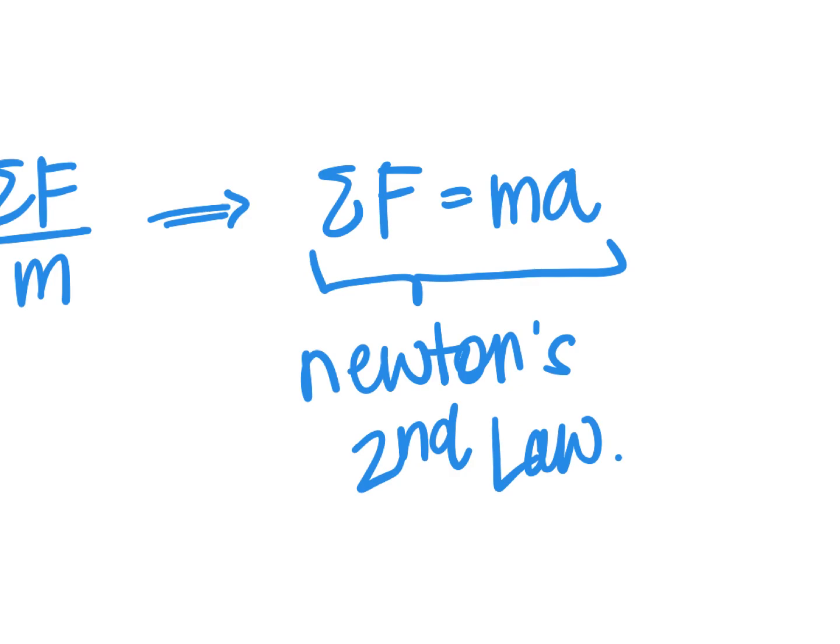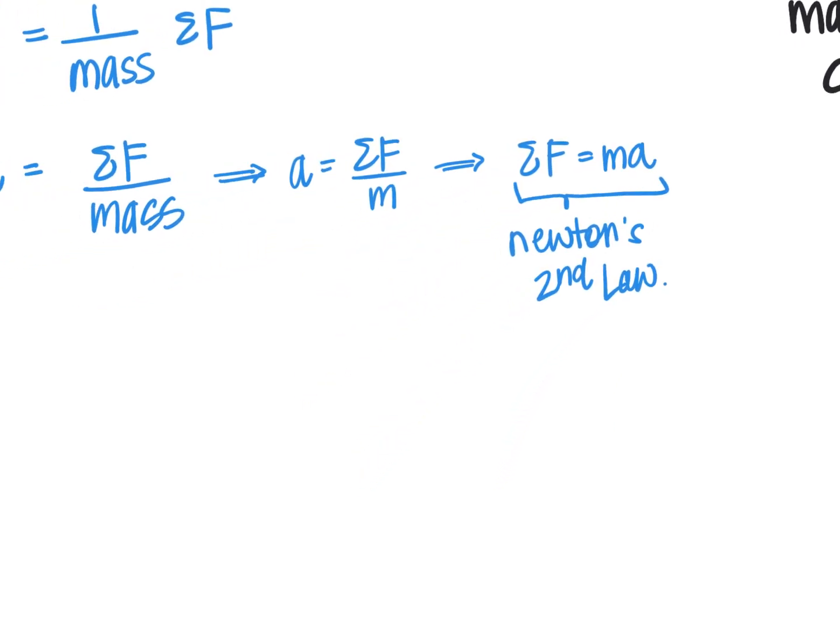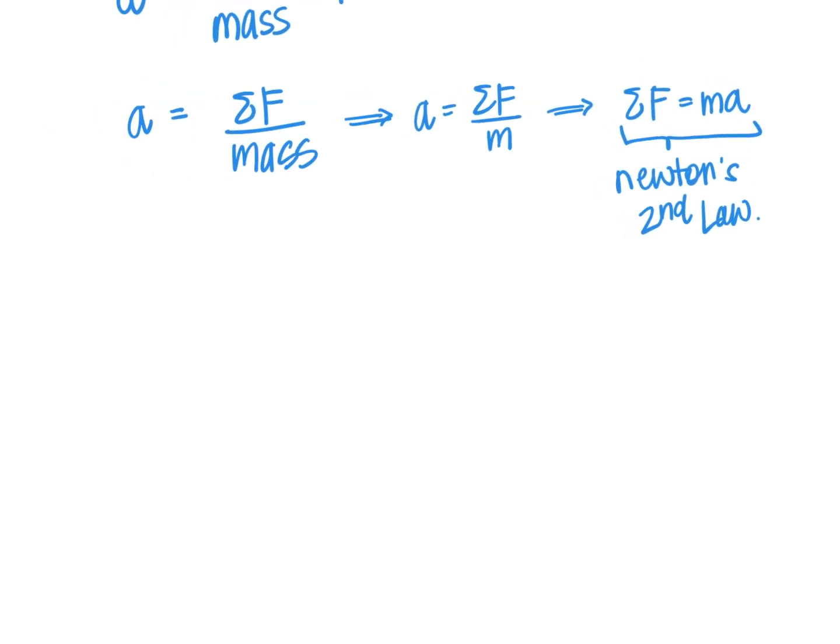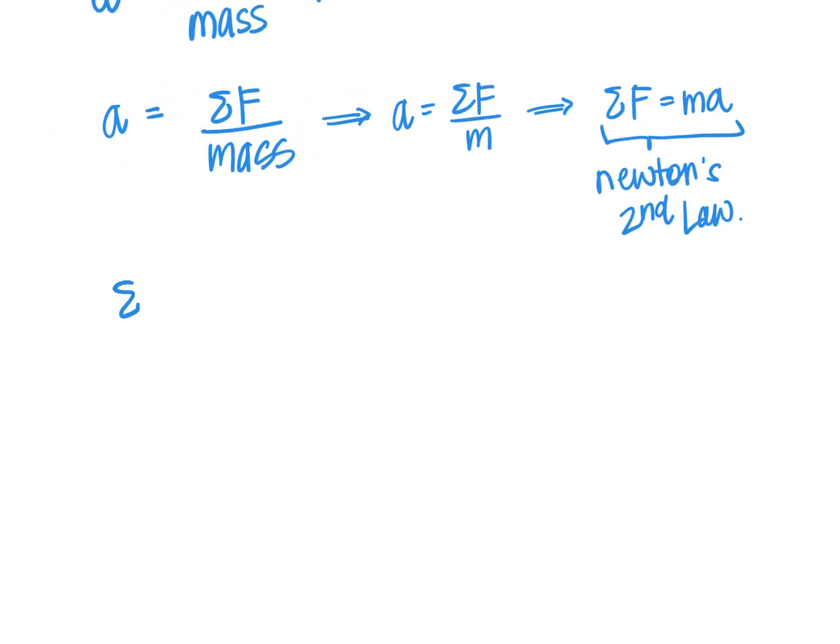And when the forces are balanced, the acceleration is 0. So really, the law of equilibrium, when the net force is equal to 0, is just a special case of the second law here, that when the acceleration is equal to 0, which means that the velocity could be 0 or the velocity could be constant.